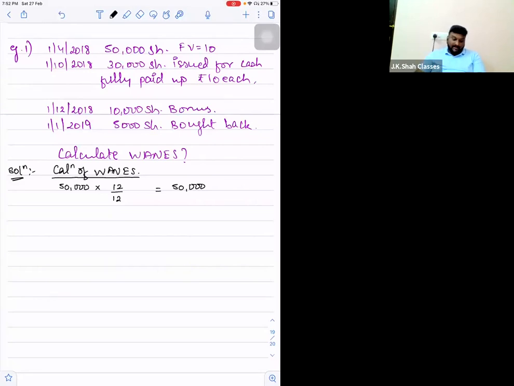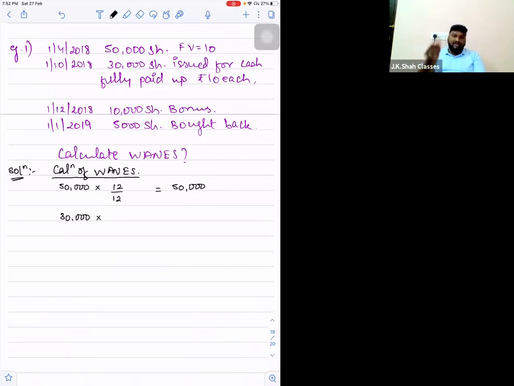Correct? Now, sir, on 1st October, 30,000 new equity shares are issued. So can I say these 30,000 new equity shares are available in the company only for a period of 6 months for this year at least? From next year, that is from 1st April 2019, they will be available for the full year. For this year, they are available only for 6 months.